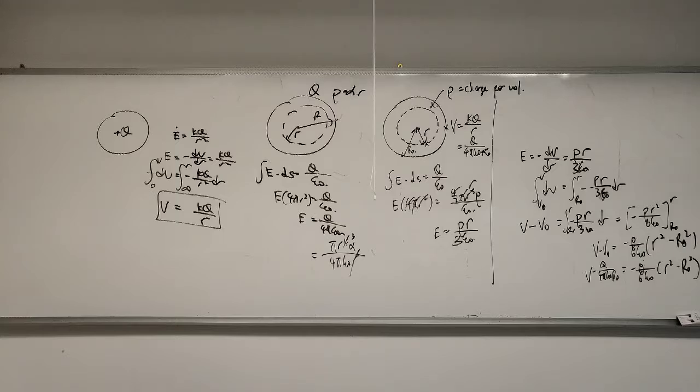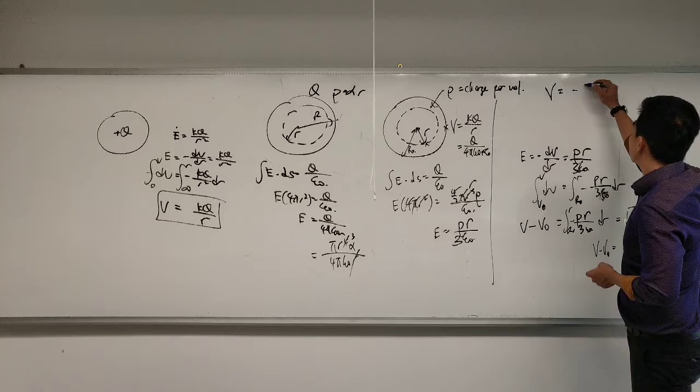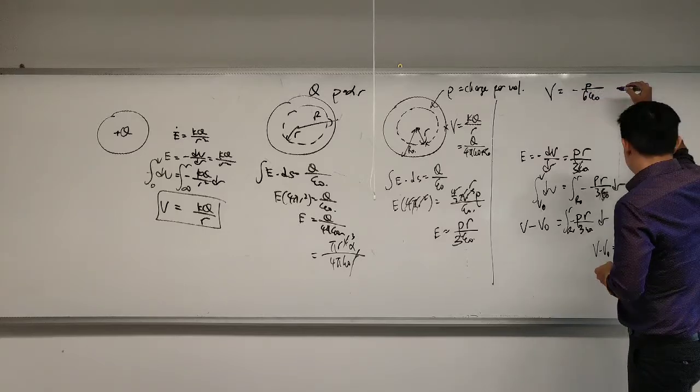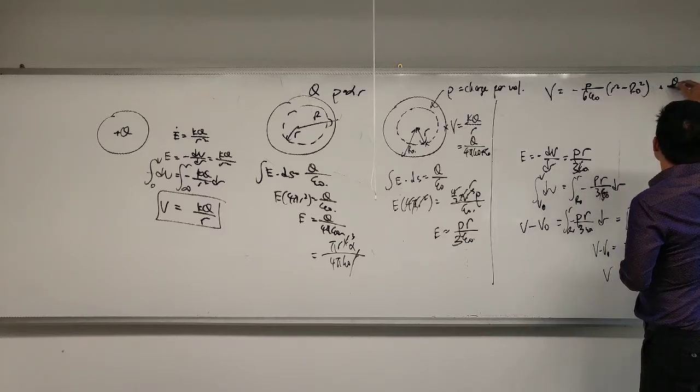Yep. And if you realize, if I were to set R equal to 0, what do I get? When I set R equal to 0, V equals minus rho upon 6 epsilon naught times r squared minus r naught squared plus Q upon 4 pi epsilon naught R naught.